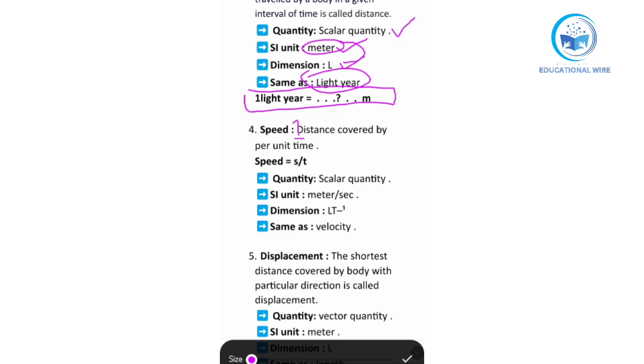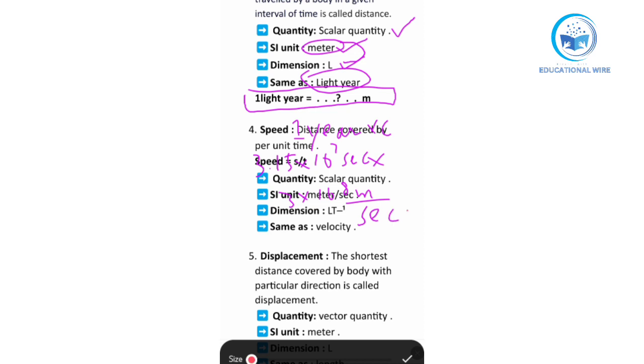A light year is equal to 1 year multiplied by c, where c is the speed of light. In 1 year there are 3.15 into 10 to the power 7 seconds, and the speed of light is 3 into 10 to the power 8 meter per second.